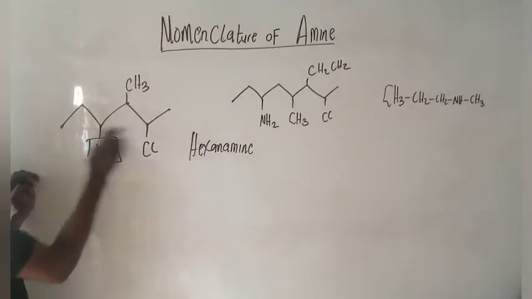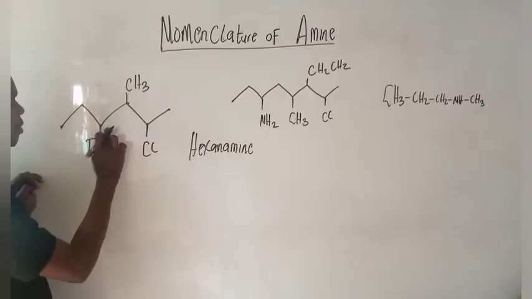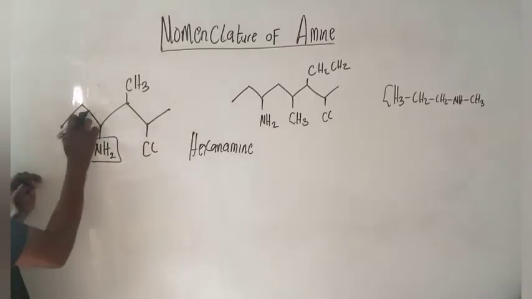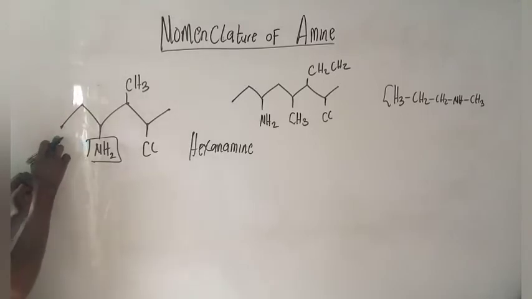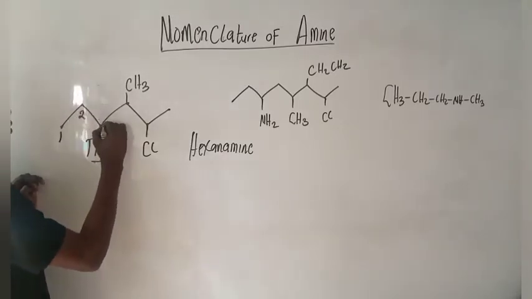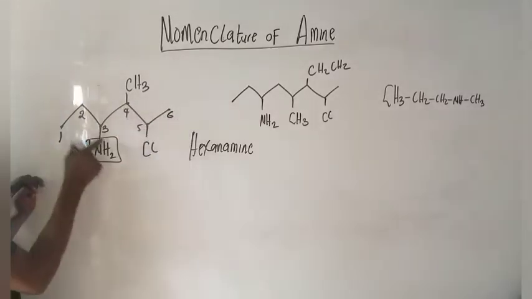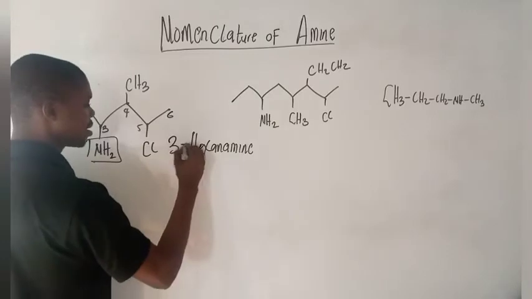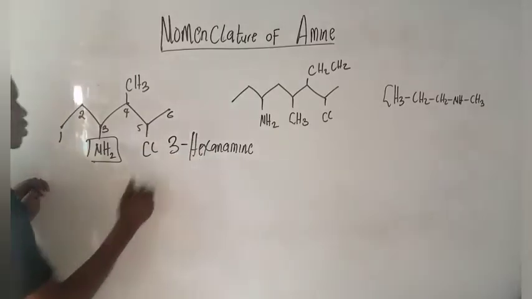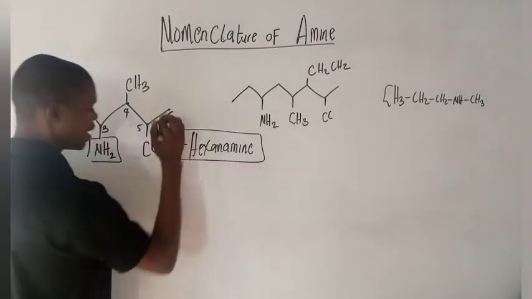Now, the carbon atom carrying the functional group must have the lowest possible number. So it must start from here, because if you start from here, 1, 2, 3, 4, it is carbon number 4. But when you start from here, 1, 2, 3, it is carbon number 3. So you start from this direction: 1, 2, 3, 4, 5, and 6. So the parent name is going to be 3-hexanamine. This is the parent name of this structure.